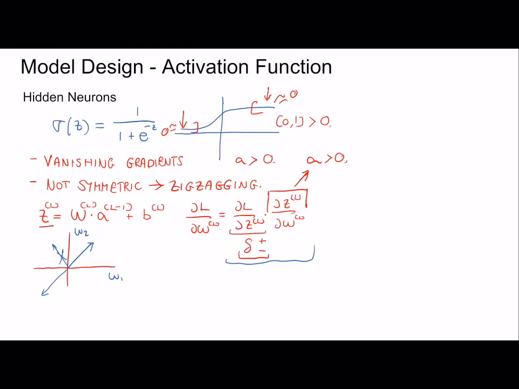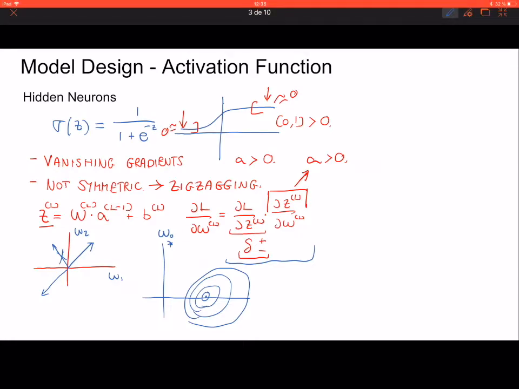So if I plot the loss function like a contour, it could look like this. This could be my minimum. I start somewhere here. These are my initial weights, which I'm going to denote by W0, and this is where I want to end up, W star, the optimum.